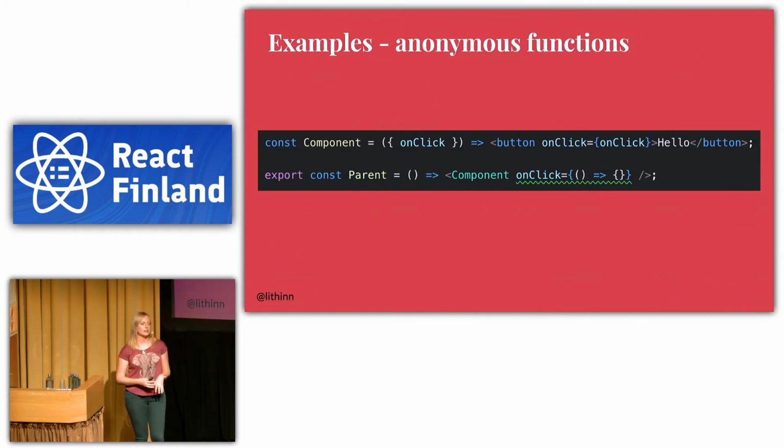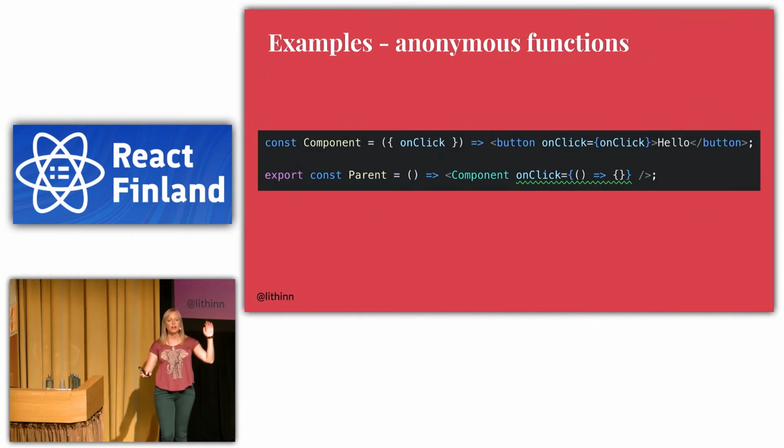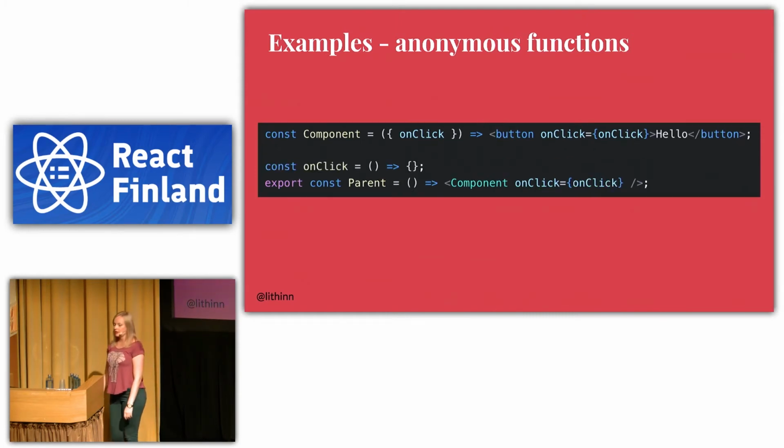Obviously, on a low level like this, it's not such a big problem. But if you have an onClick handler somewhere on the top level, this will keep happening over and over. So we essentially want to stick it in a variable or a class method or something like that so that we are not changing the reference to the function ever.